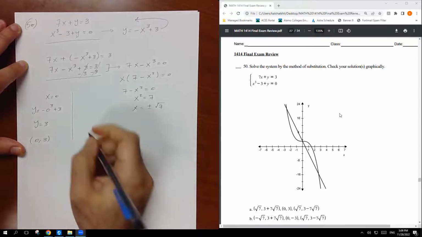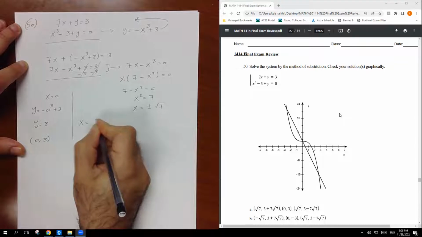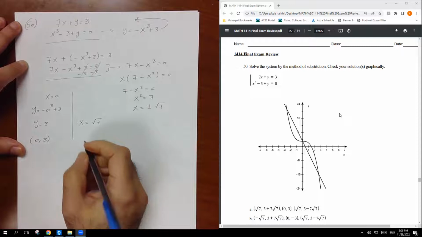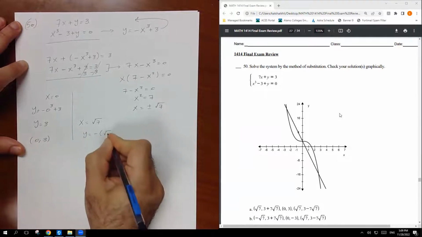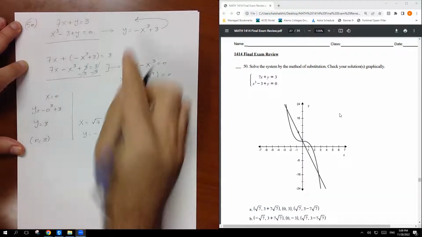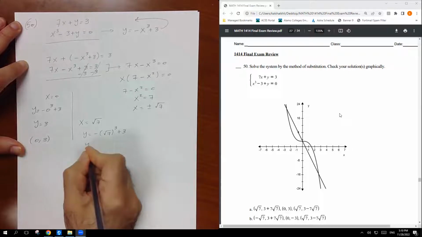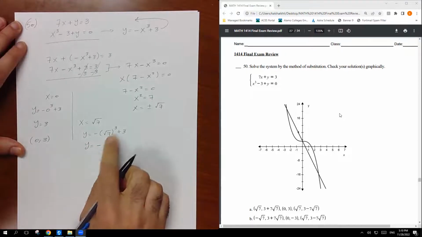Now on this side, we have two x's. When x equals square root of 7, plug in square root of 7 here. So y is going to be equal to negative square root of 7 cubed plus 3. That means y is going to be equal to negative square root of 7 cubed.